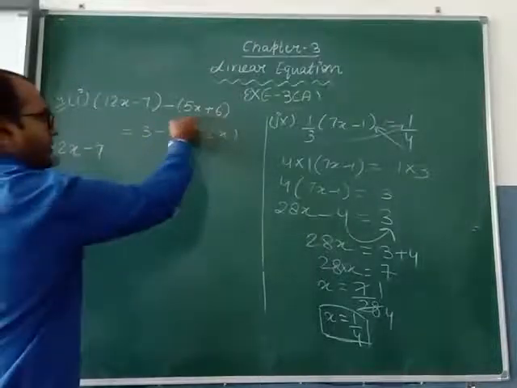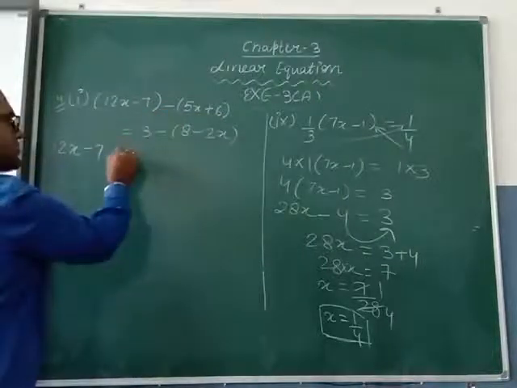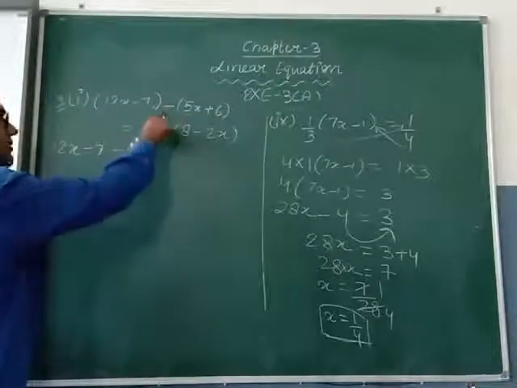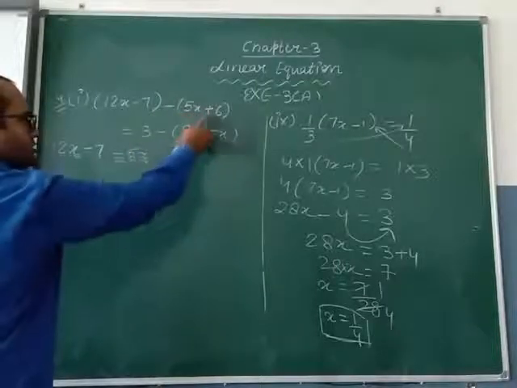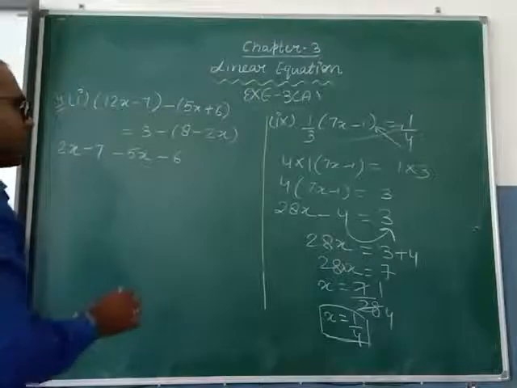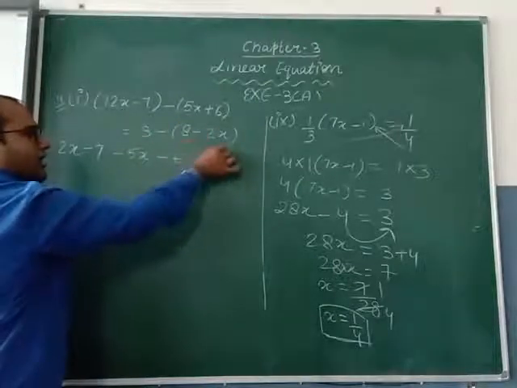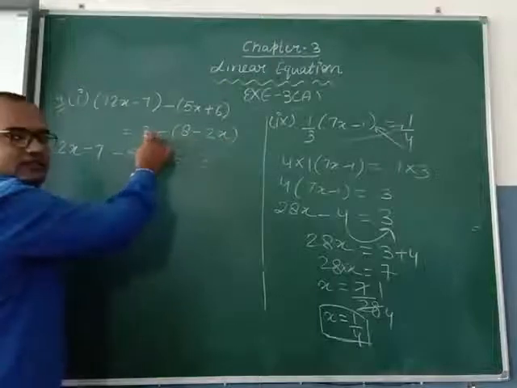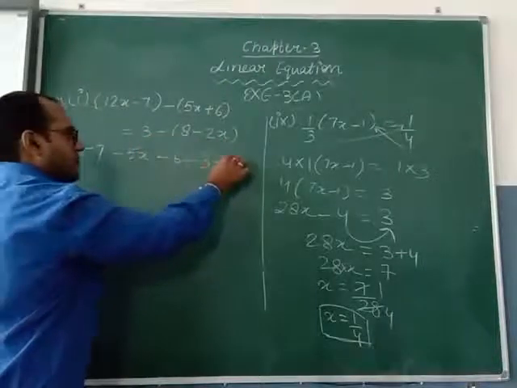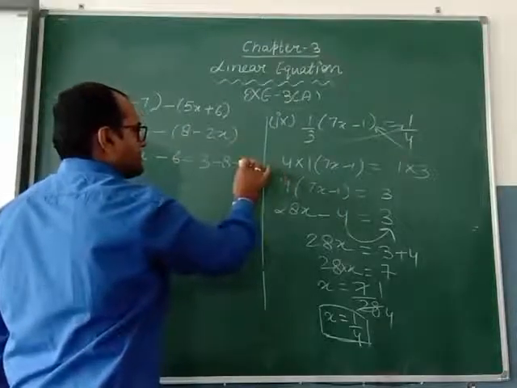Outside the bracket on the left a minus sign is coming. So minus plus is minus 5x, minus plus is minus 6. The left side is solved. Now we will come to the right side. Equal 3 as it is. On the left of this bracket a minus is coming. Minus plus is minus 8, minus minus is plus 2x.